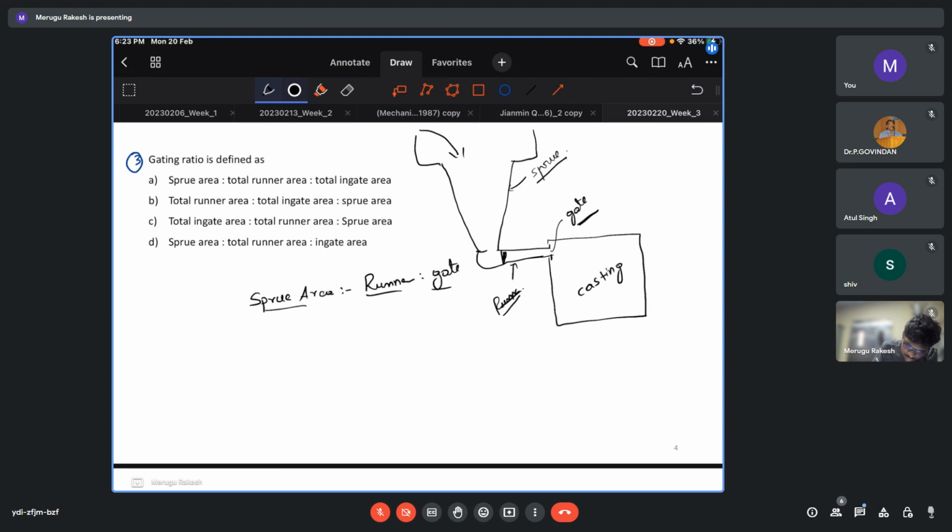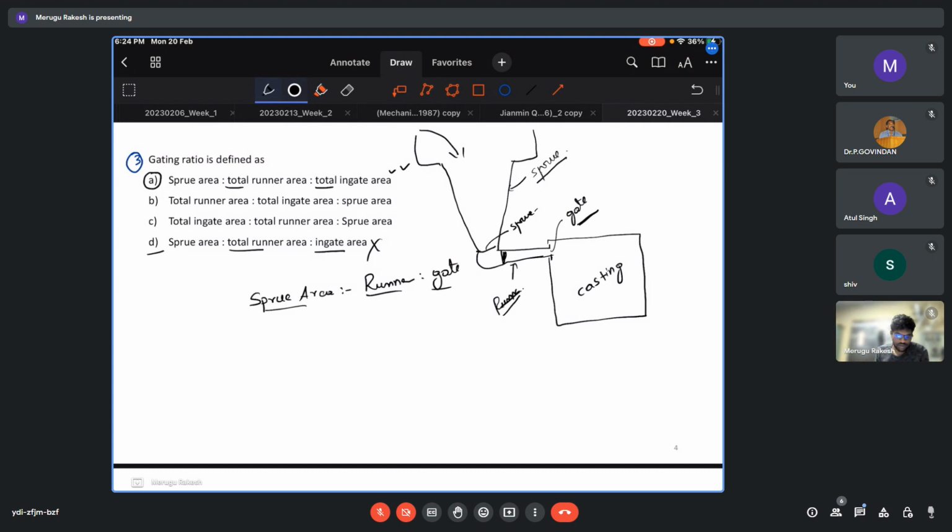We can take this as the sprue area. Any doubts? And it should be the total. If you are using multiple runners, it will be the total area. Hence, A will be the correct option, because in option B they took the total only for the runner, not for the ingate, so we will not consider it.